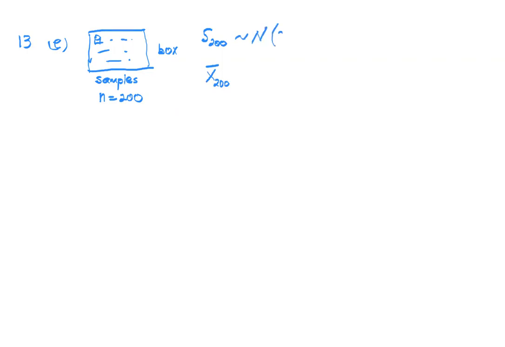The mean is 200 times 42, and the standard deviation here will be square root of 200 times 1.5. If you are using the mean, then you have to do 42 and 1.5 divided by square root of 200. So depend on which one you are using.